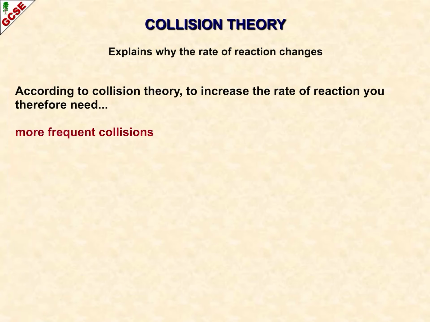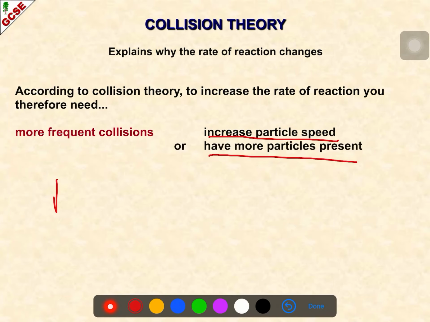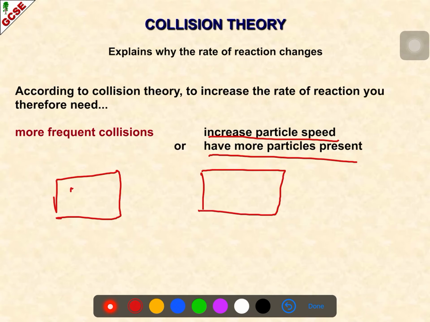All right, so more frequent collisions, the faster the reaction. Say for example here, I have two bags, and these are the particles. Between A and B, which one will have a faster reaction?